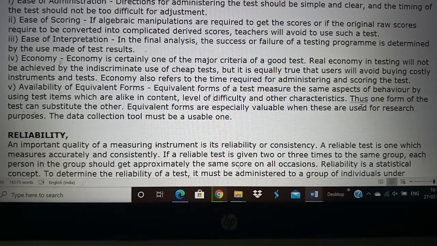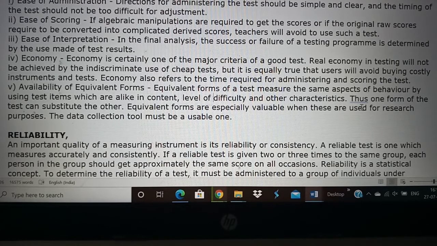Instead of using the same form, you can use an equivalent form, another form which measures the same thing which you are planning to do in your research. So you can substitute one form for the other. This is also very practical, and these are the various criteria: reliability, validity, then practicability. These are ways in which you can select a good research tool.